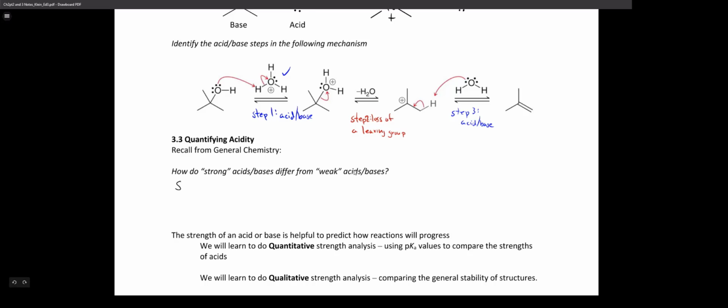Strong means totally dissociates in solution. We'll say usually much greater than 99% in solution.